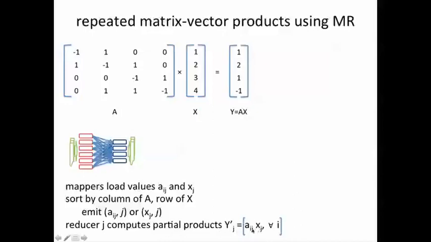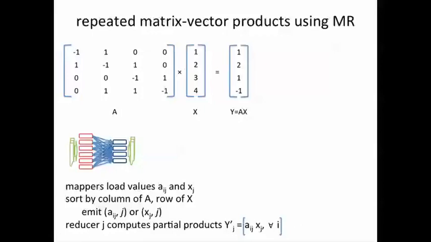It just multiplies them up for every I. In other words, if j is equal to 1, the jth reducer will compute minus 1 times 1, 1 times 1, 0 times 1, 0 times 1, etc. So it will compute everything for this column multiplied by the first element of X. Similarly, reducer number 2 will compute all the multiplications of the second column with the second row of X, and so on.